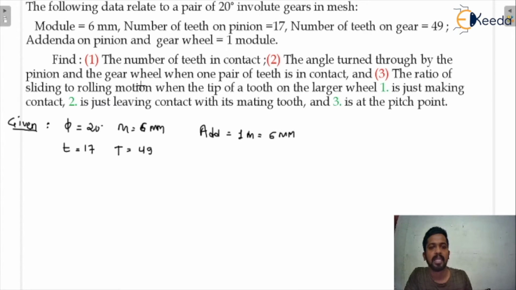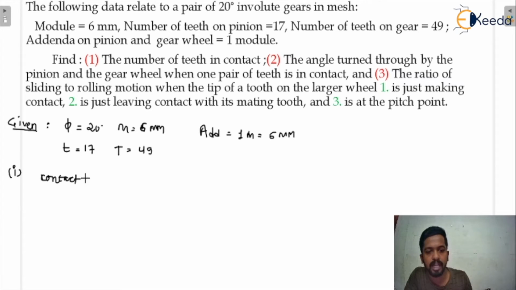Now in the first part it is asking for the number of teeth in contact. So we are solving the first part of the question. Number of teeth in contact means the contact ratio. So how can you calculate the contact ratio?